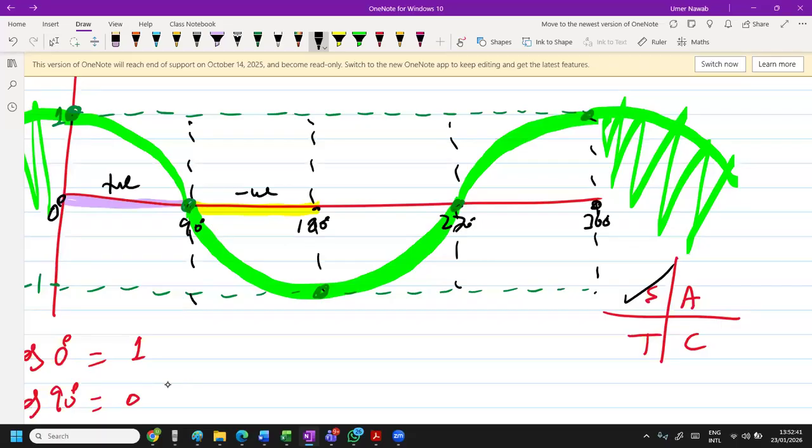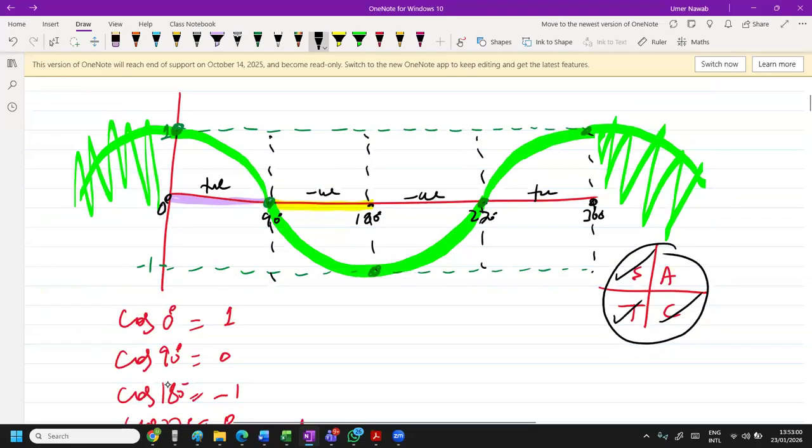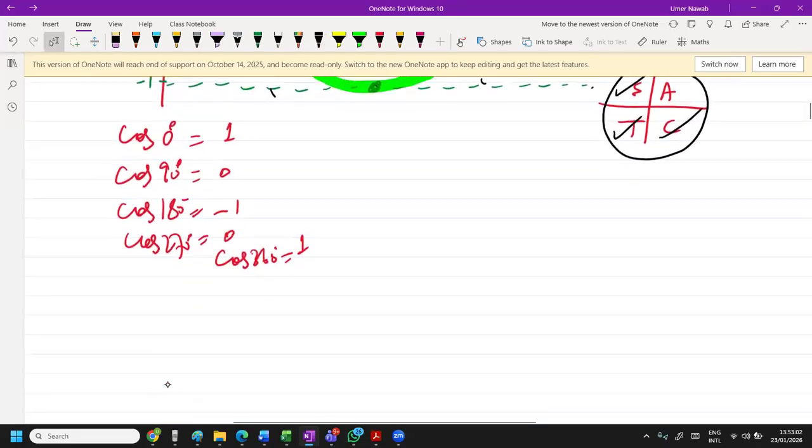Go to the third quadrant. In the third quadrant, tan is positive, and cosine is negative because the graph is below. But cosine is positive in the fourth quadrant, and the graph is above the axis. So it is a good verification from the ASTC diagram of how the graph behaves in different quadrants.